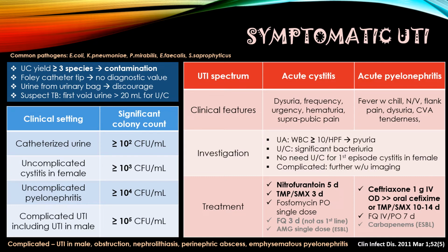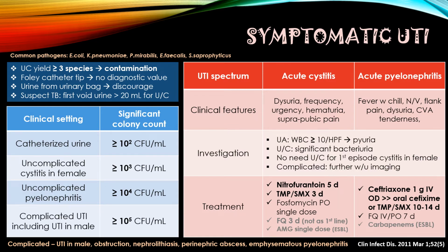And if the patient has a complicated UTI, you should investigate further. We consider UTI complicated if it occurs in a male, or if there is obstruction, renal calculi or nephrolithiasis, perinephric abscess, or emphysematous pyelonephritis.